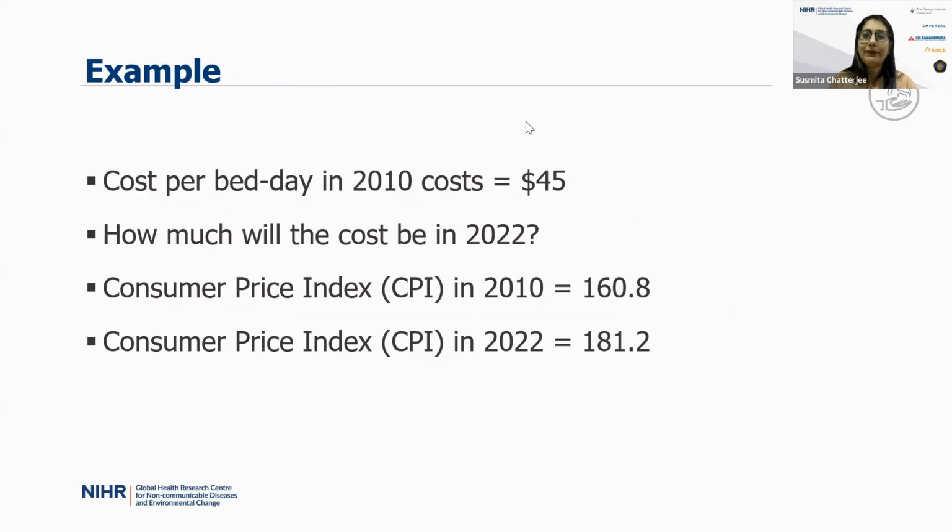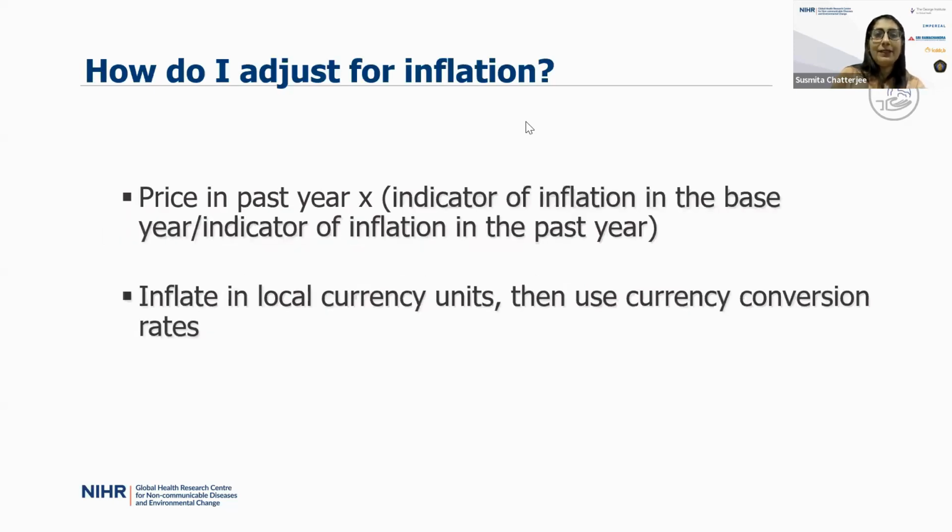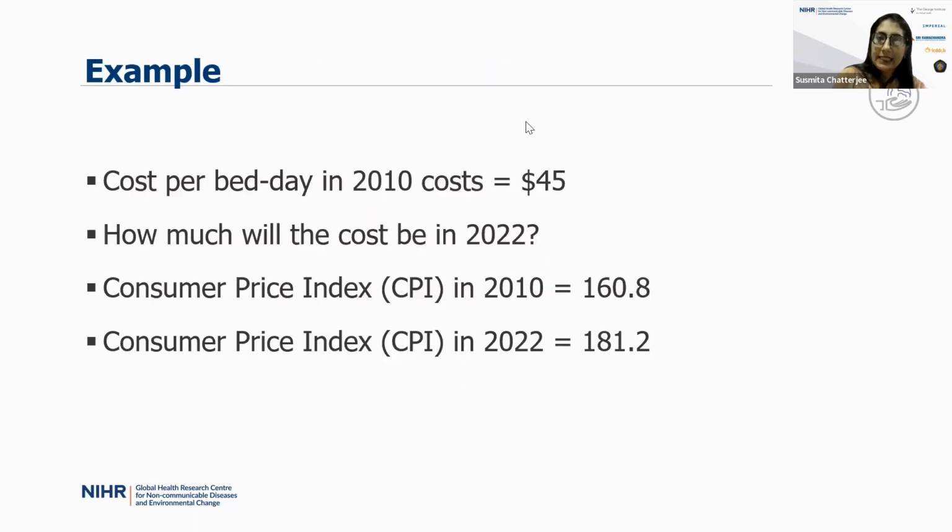I have an example for you, which I want you to do very quickly. You remember the formula: price in the past year multiplied by the indicator of inflation, which is CPI in the base year, this year, the year when you are doing the analysis, divided by the indicator of inflation in the past year, from the year you have the data.